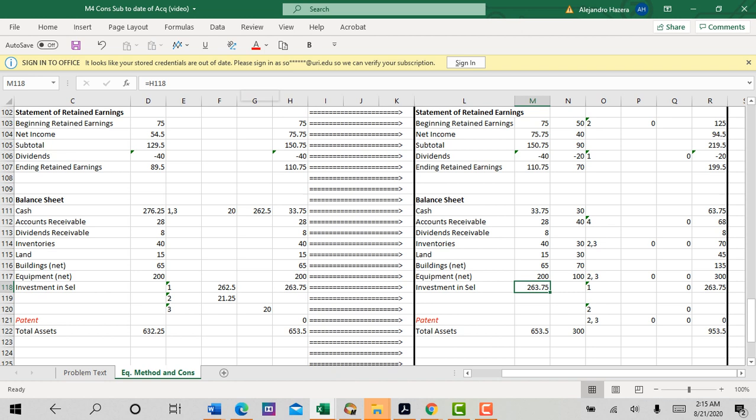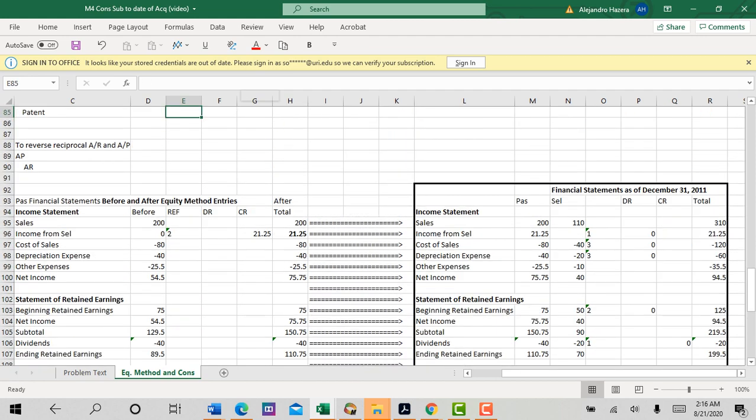We've got to expense the excess cost of goods sold for inventory. We've got to record the excess cost of goods sold for equipment, and you notice that the patent right now is recorded at 0, but we will take care of that through the entries, and we've got to record our amortization of the patent.